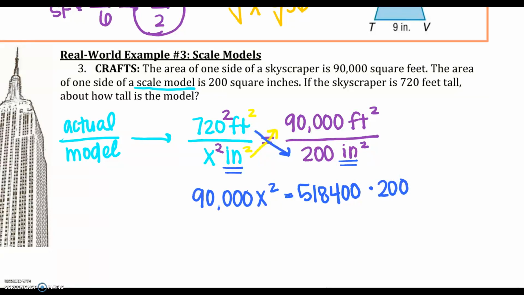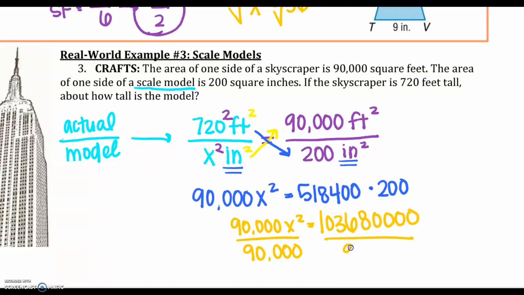All right, so I get 90,000 x squared is equal to a big number. Okay, I'm going to divide both sides by 90,000.